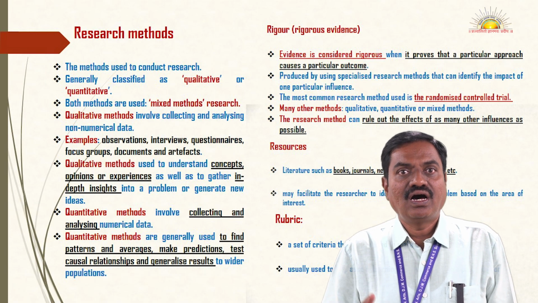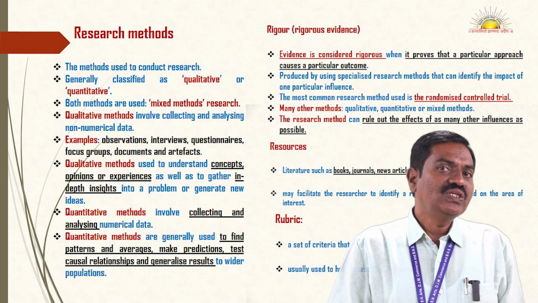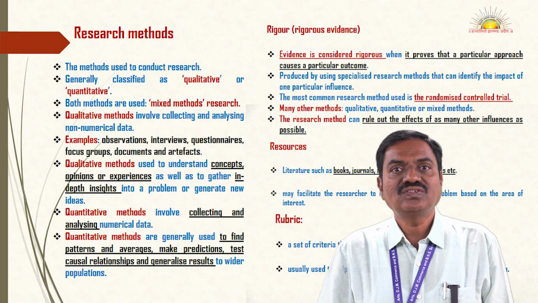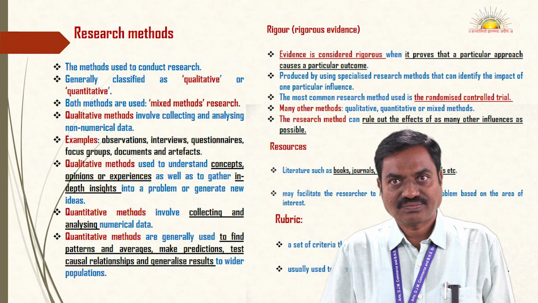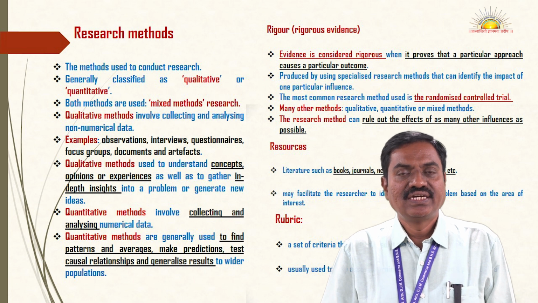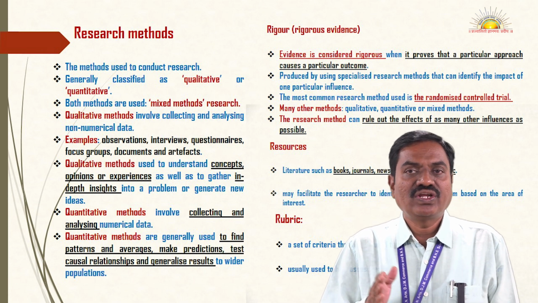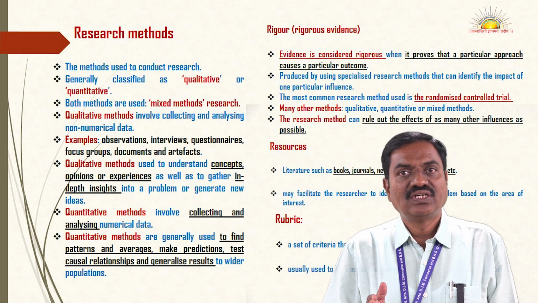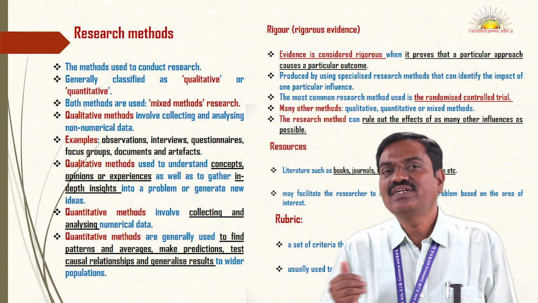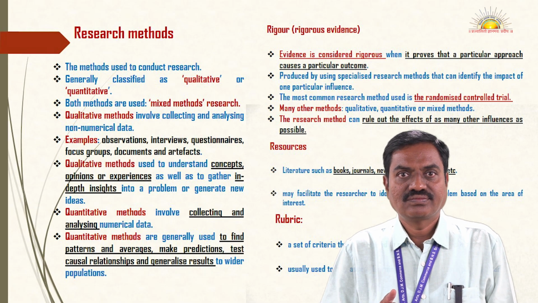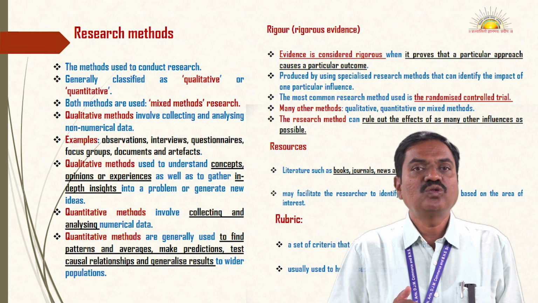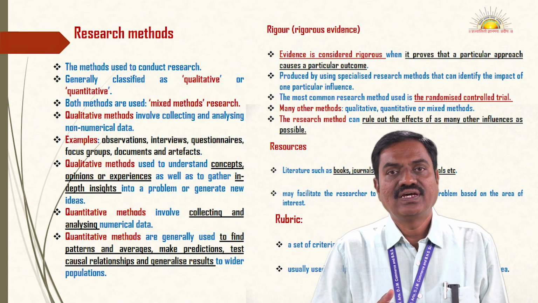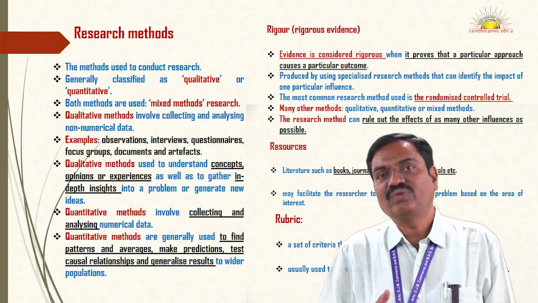These methods are generally used to find patterns and averages, make predictions, test causal relationships, and generalize results to a wider population. The next term that we are going to talk about is rigor, or rigorous evidence.